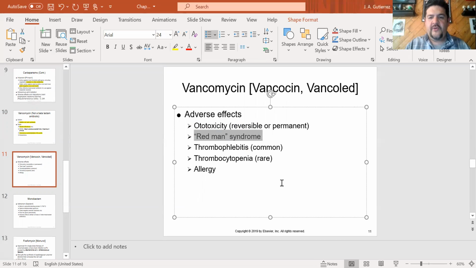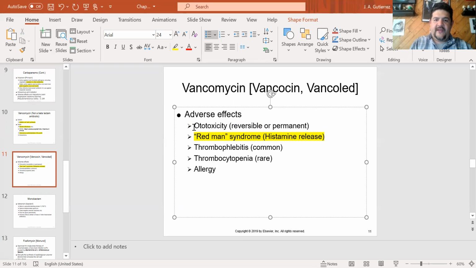So when you push this medication, when you forget that it has to be infused, when you push it too fast, there's going to be a severe histamine release. And the funny thing, red man syndrome is only from the waist up. So they turn really red from the waist up. And well, you need antihistamines to treat it.